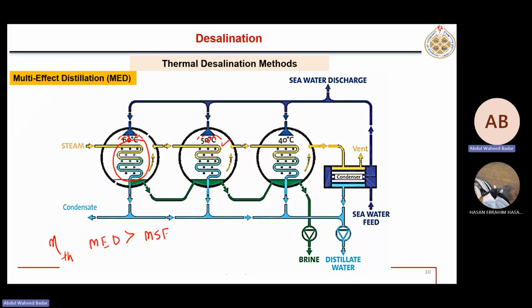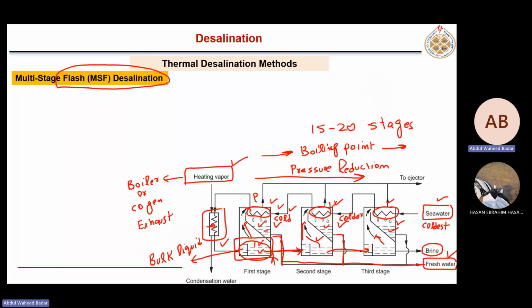Because in MED, we require less energy, less Q compared to MSF, right? Because of better heat transfer. Okay. So, yeah. Because in this system, we are using bulk flash, right?